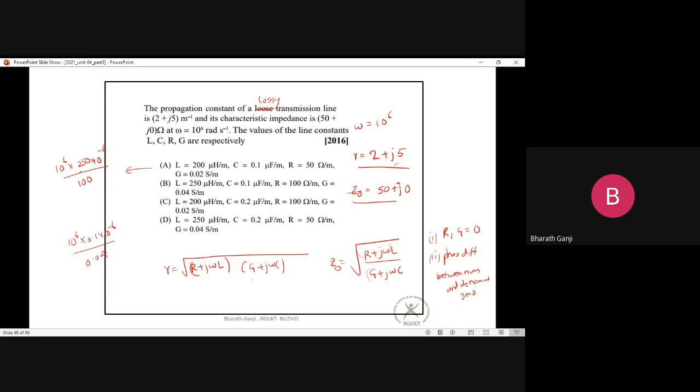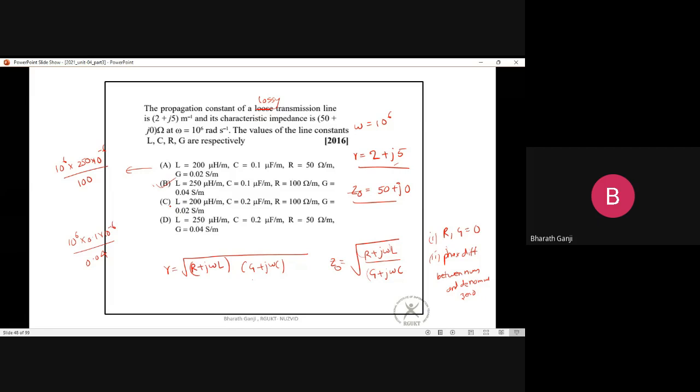So I think we'll get 10 by 4 here. Also I'm getting 10 by 4. So I think option B has no phase difference. Whether other options are working out or not, you can check other options also, if there is any phase difference or not.